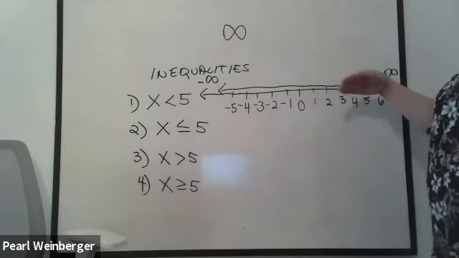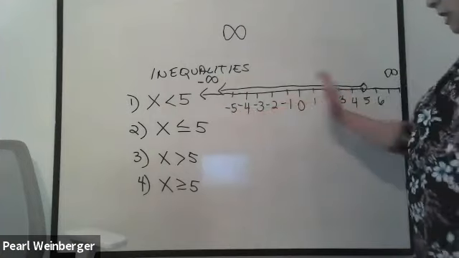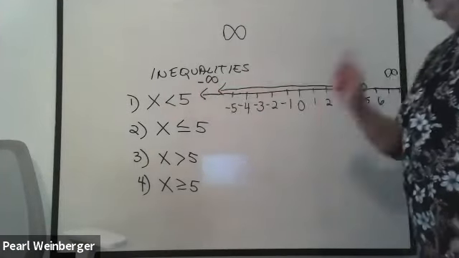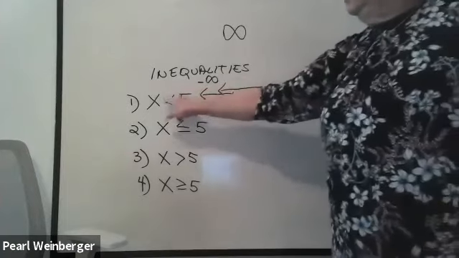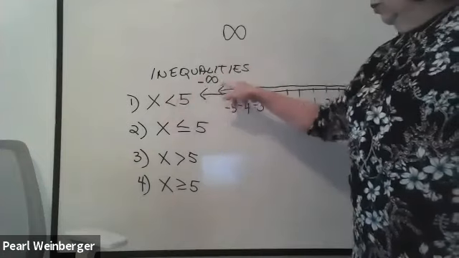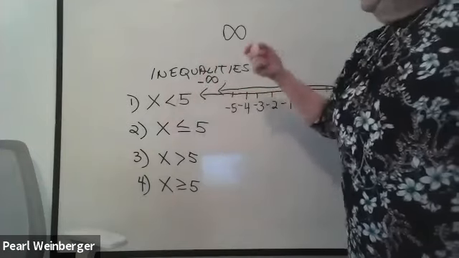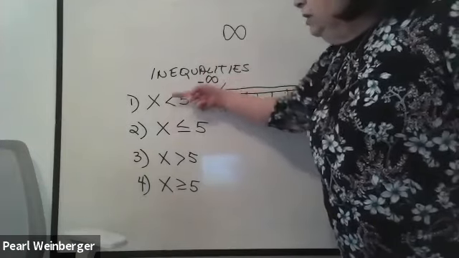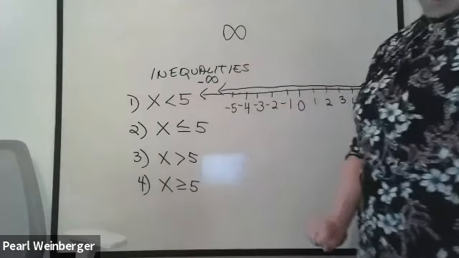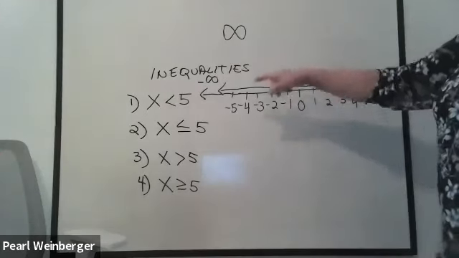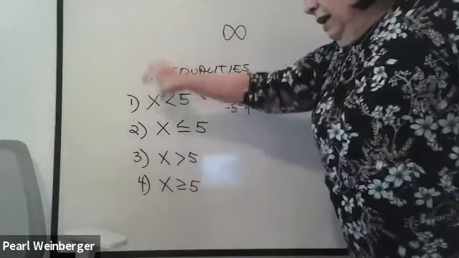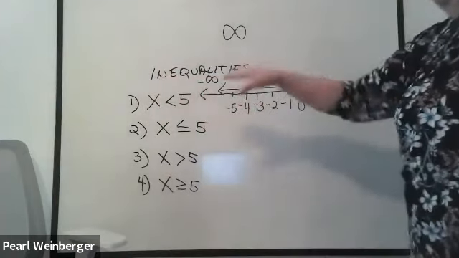On the left side are the numbers that are smaller than 5. Now, if you notice, this inequality sign actually looks like the arrowhead. And where is the arrow pointing? To the left. So therefore, our arrow has to point to the left. As long as you have the X on the left side, that's the correct way to write it.